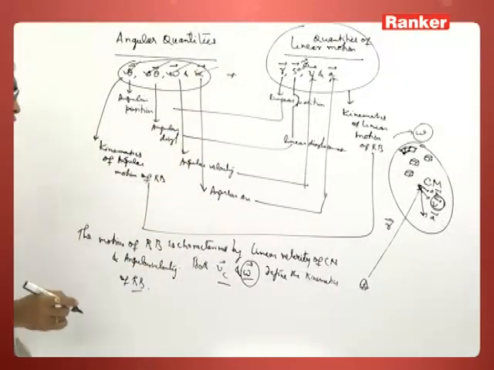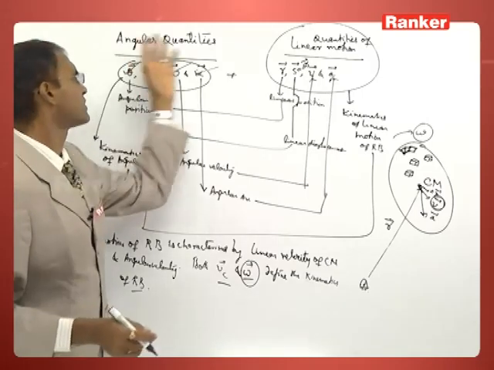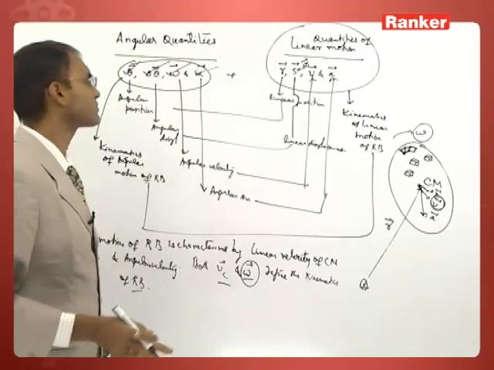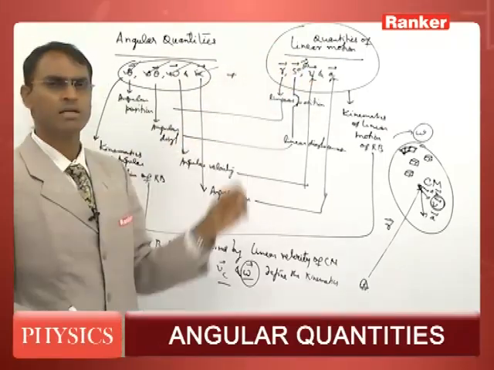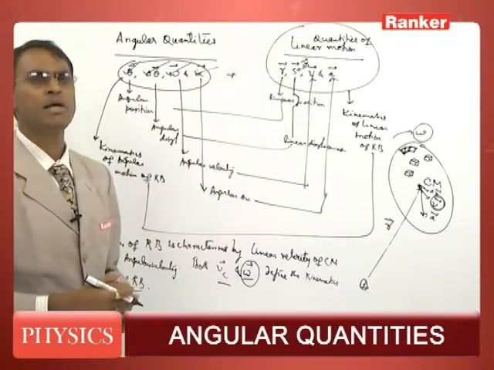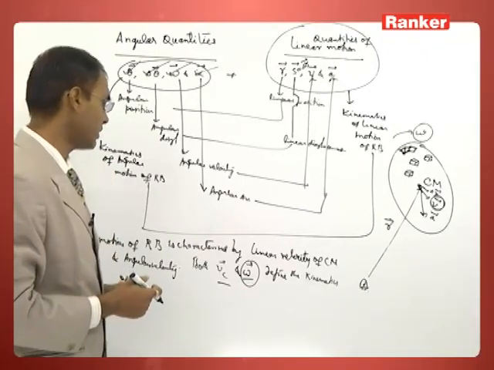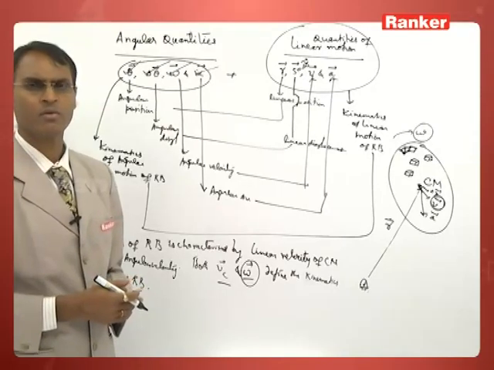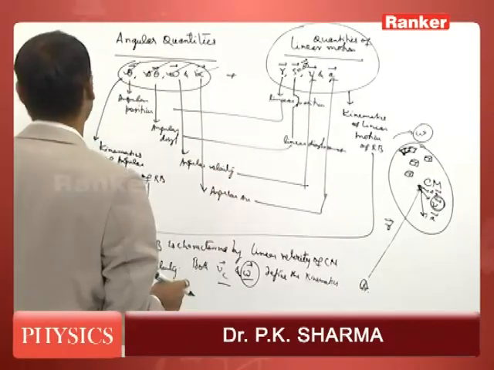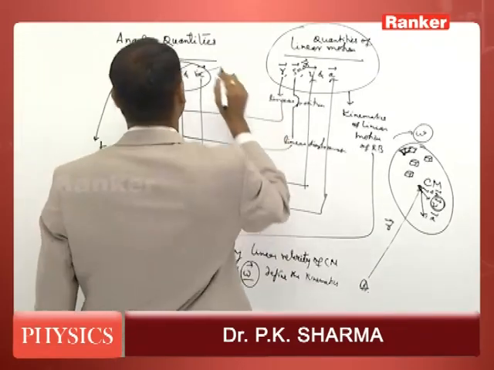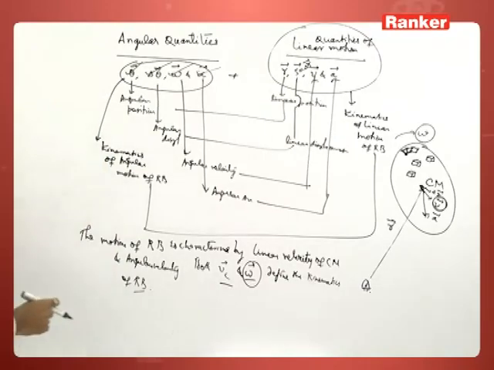One by one I am going to tell you in this section. Combiningly, these two sets of quantities, angular quantities and linear quantities, as a whole will describe the motion of a rigid object or rigid body. A rigid body therefore has two types of motion. Motion number one, angular motion. Motion number two, the linear motion.